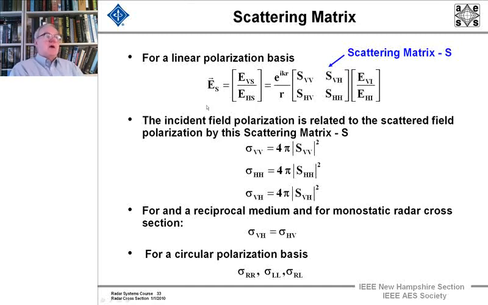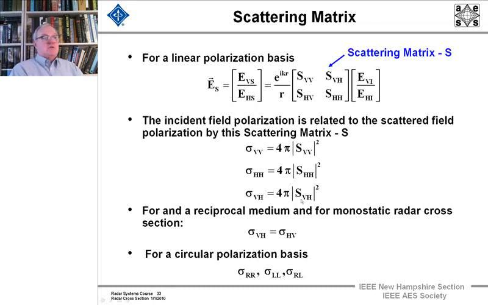For an arbitrary scattered electric field, this is a vector made up of the scattered electric field that's vertically polarized and the scattered electric field that's horizontally polarized, times a scattering matrix.